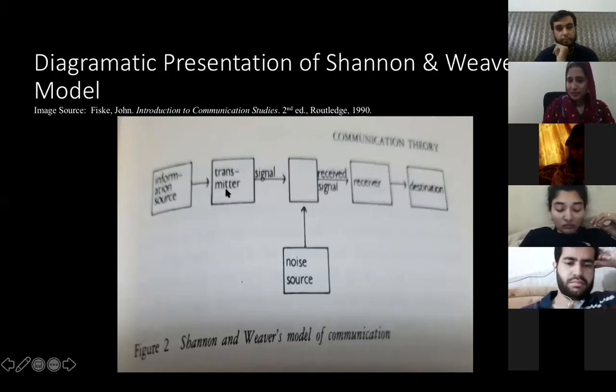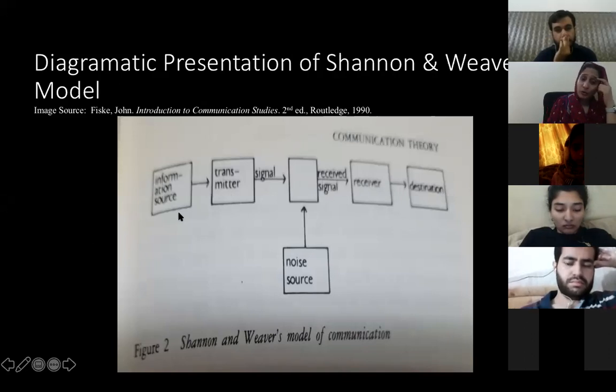It goes to a transmitter, a device that the radio presenter is using for transmitting his information, and it goes in the form of signals. Then signals are received by an antenna or any device, by the receiver, a radio set, and finally the information goes to the destination, to the audience.